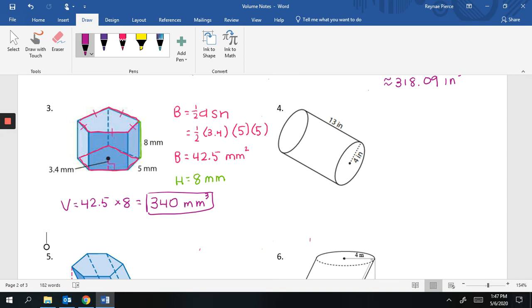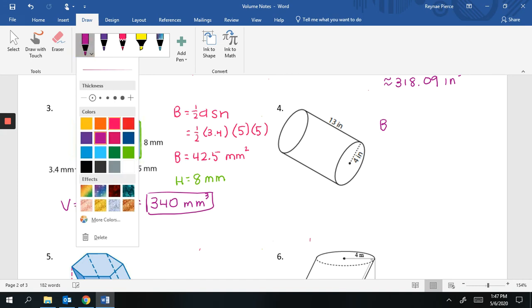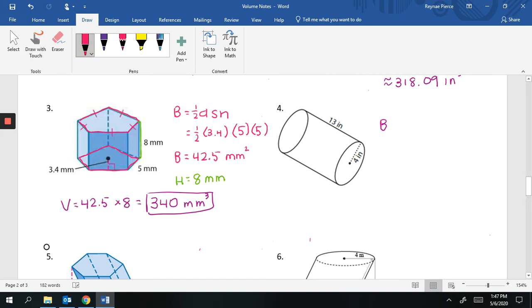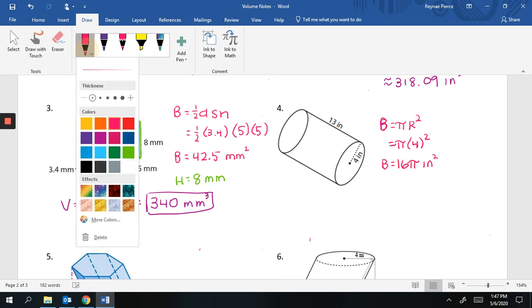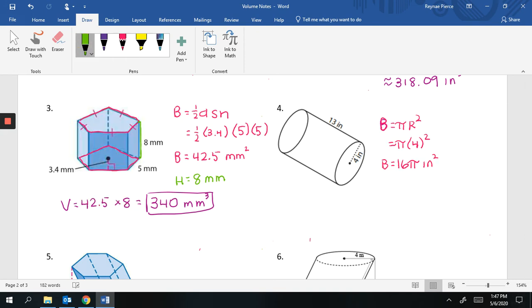Example 4, we've got another cylinder. The area of that base, pi times the radius squared, is 16 pi. The height is 13 inches.